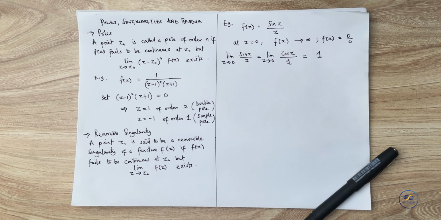Right? Now, based off this representation, we can look at several other kinds of poles or singularities.